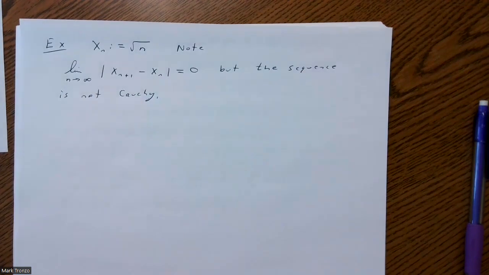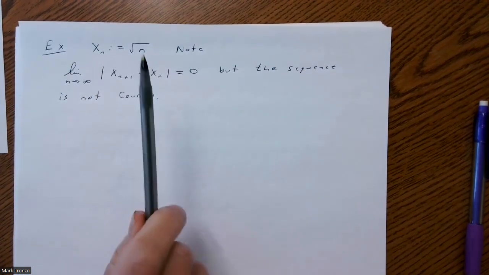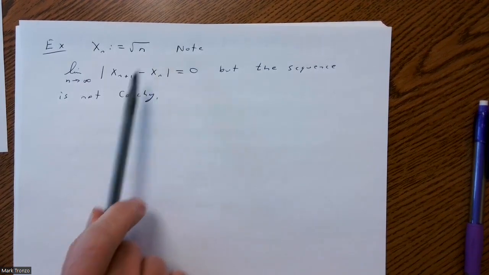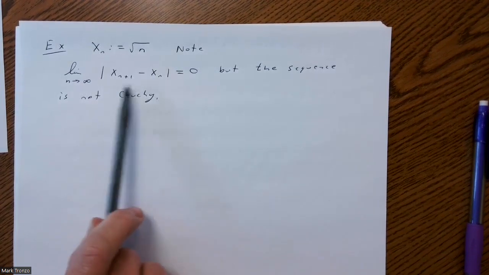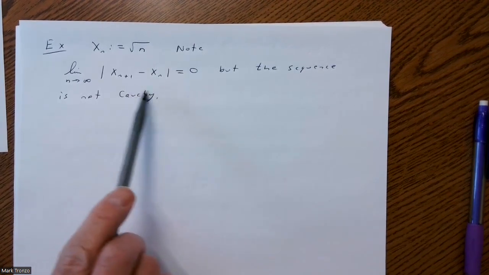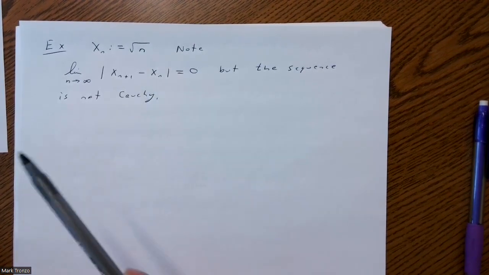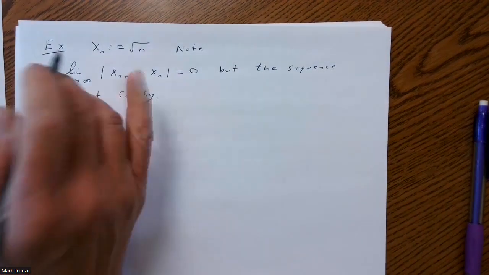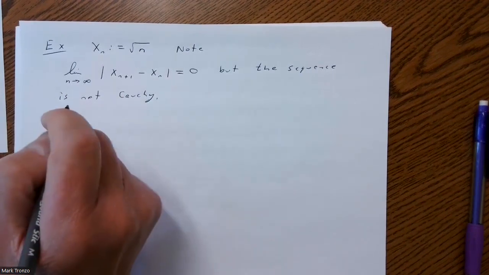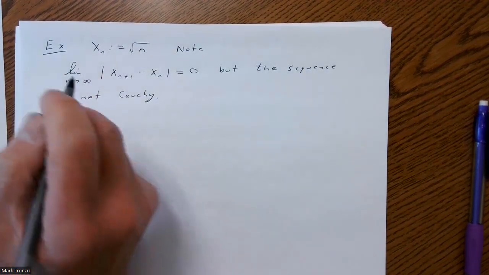It's kind of interesting when you think about this, because as your numbers get bigger, you can take two consecutive square roots, and these numbers are actually getting closer and closer together. Now we could prove it formally, but we can even just do what you might have done in calculus 2.